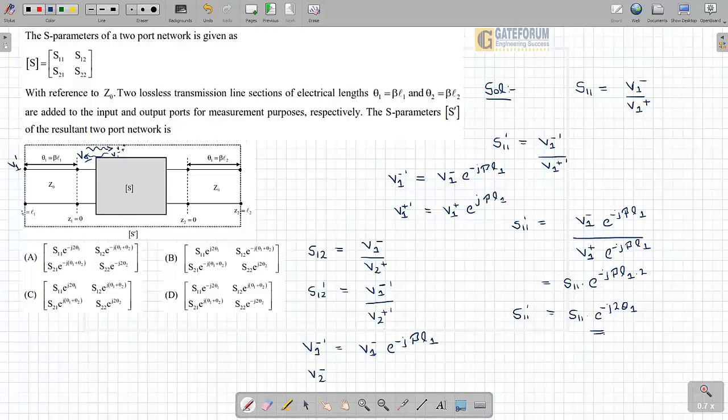Similarly, V2 plus dash is going to be V2 plus times e to the power minus j beta L2.